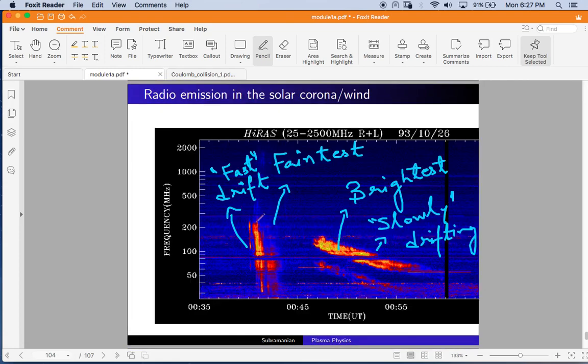That's the assumption that we're making. This is actually plasma frequency. So this radio emission is being emanated at the plasma frequency corresponding to that particular layer. What do you mean by that particular layer? The layer that possesses a particular density, okay, a density such that its plasma frequency corresponds to 200 megahertz.